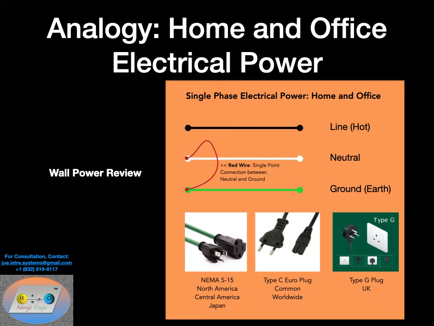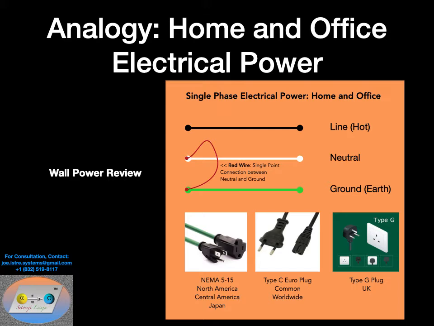So in our homes or offices, we're going to have lower voltages: in the US and North America, 120 volts, and for most other places based on the European standards, it's going to be double that, which is approximately 240 or 230 depending on the country you're in.